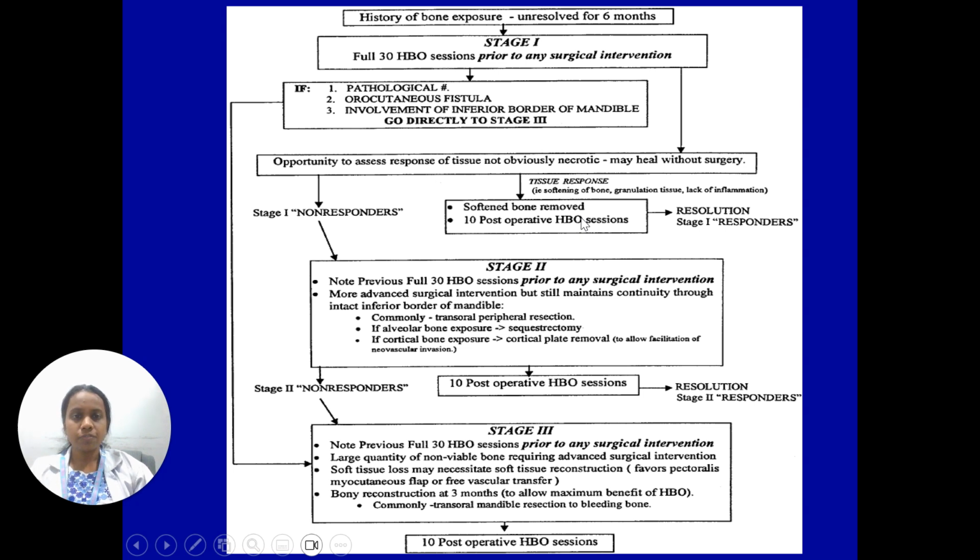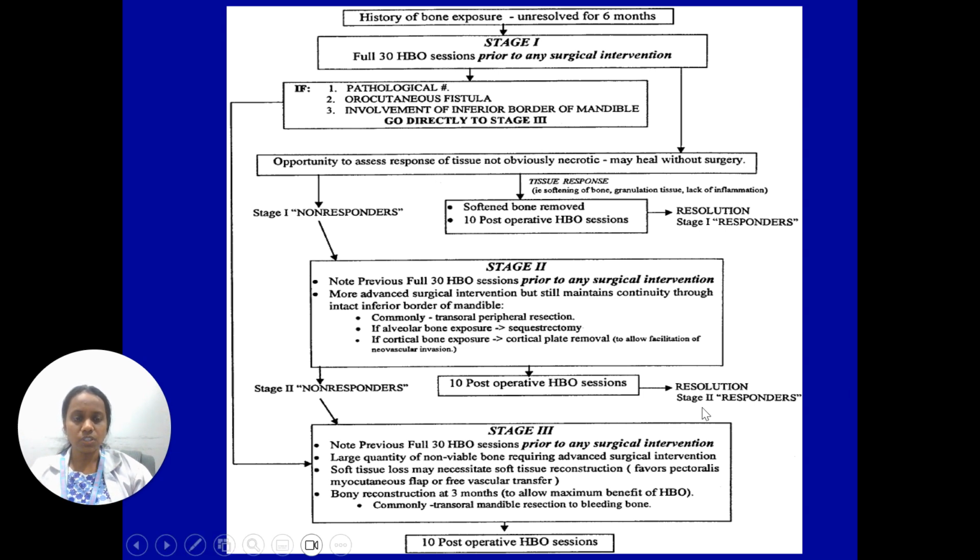If there is no response, then it goes to stage 2, wherein already 30 dives of HBO have been given, and here we go for a surgical resection, peripheral resection, or sequestrectomy or cortical plate removal, that is decortication, followed by which 10 dives of HBO therapy have to be given and observed.